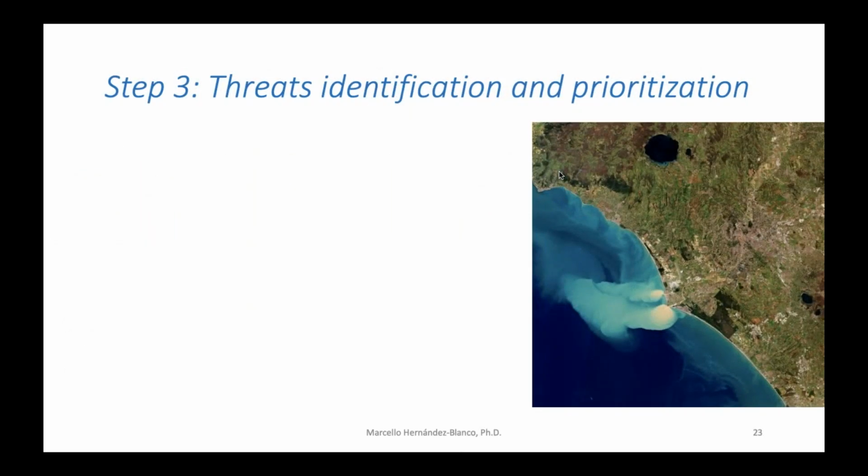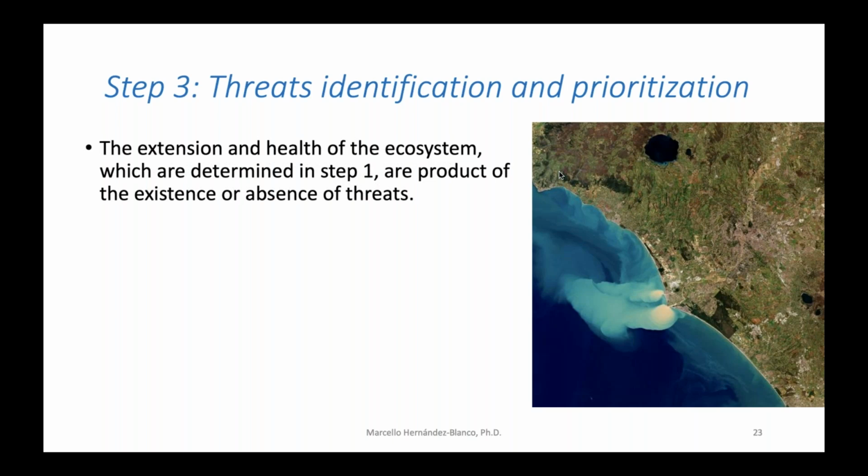So regarding threats, then the third step, you do a threat identification and prioritization. And here you can see, for example, a sedimentation plume, which is one of the main threats for these ecosystems, especially for coral reefs. And this is because the extension and, of course, the health of the ecosystem that we had determined in the first step is a product of the existence or absence of these threats, right?